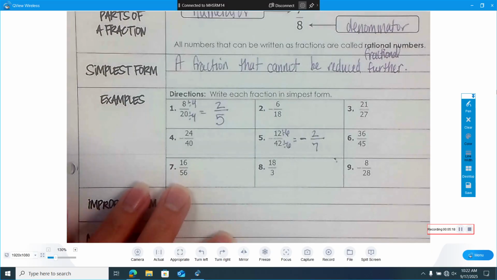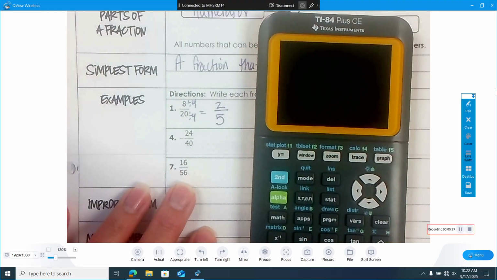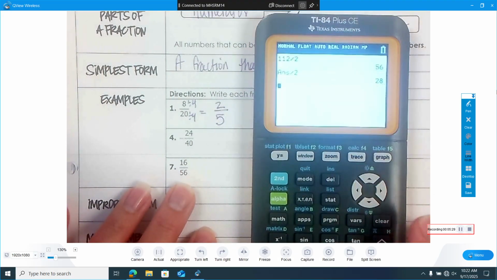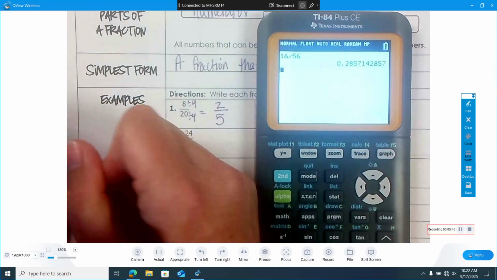Something like 16 over 56, number 7 here, maybe, I don't know. So maybe we could check using our calculator, and I'm okay with this. If I go into my calculator and do 16 divided by 56, it gives me some crazy decimal, and all we need to do is math frac it.